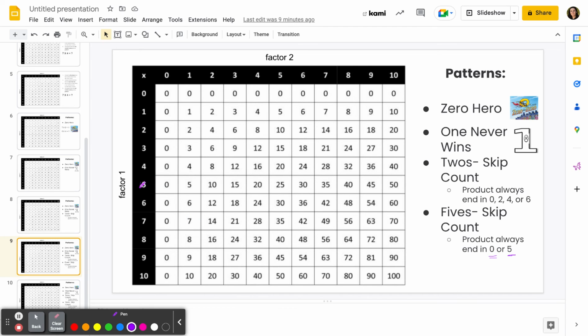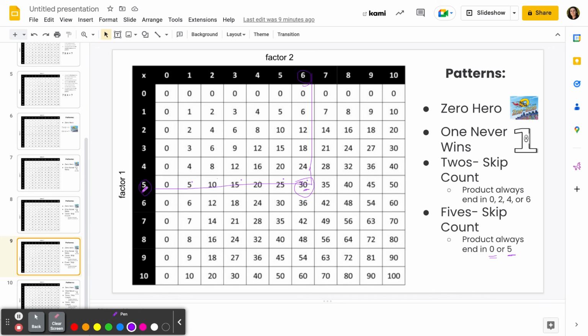Let's do 5 times 6. I'm going to skip count by 5 6 times. 5, 10, 15, 20, 25, 30. 5 times 6 equals 30. Our product ends in 0.